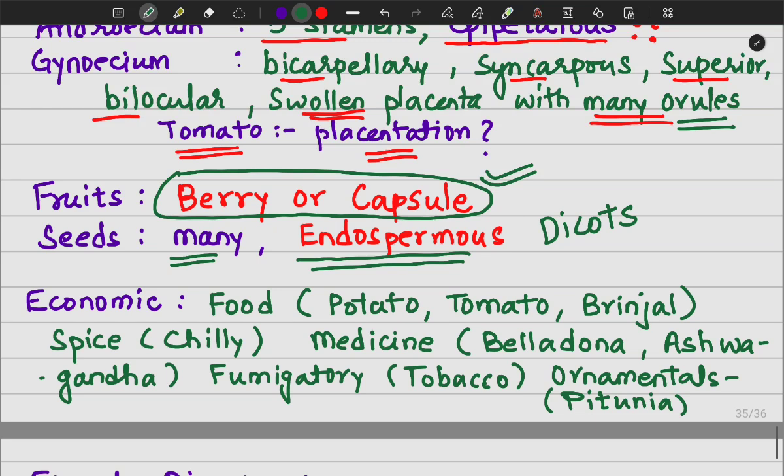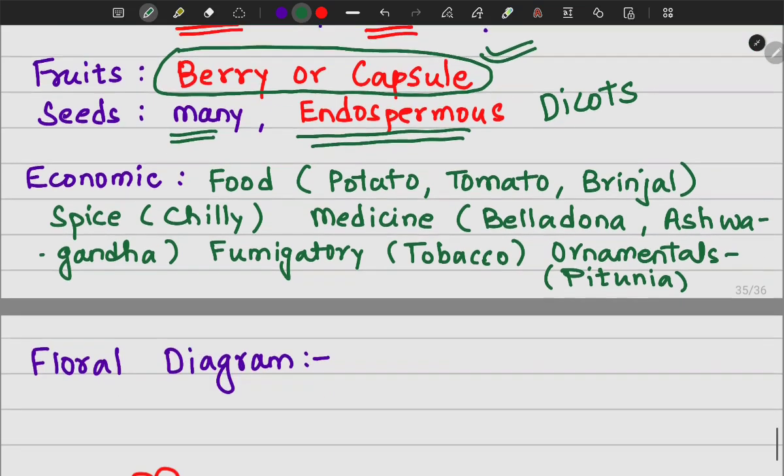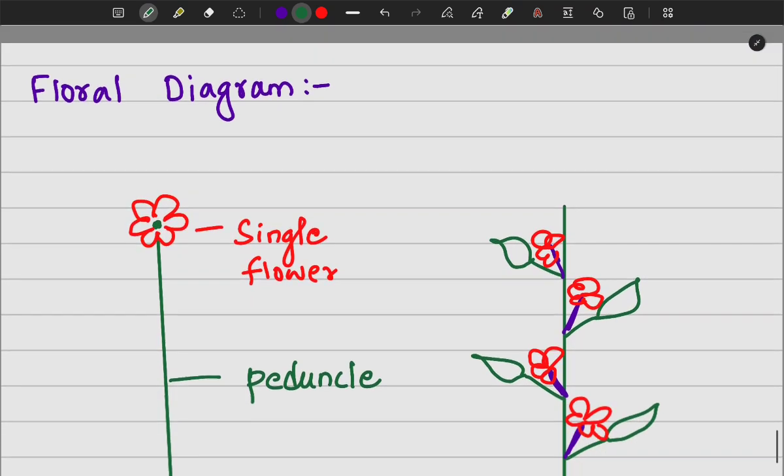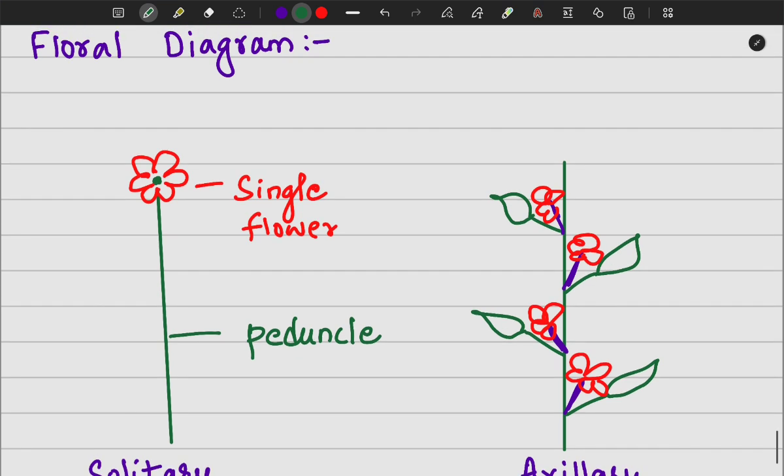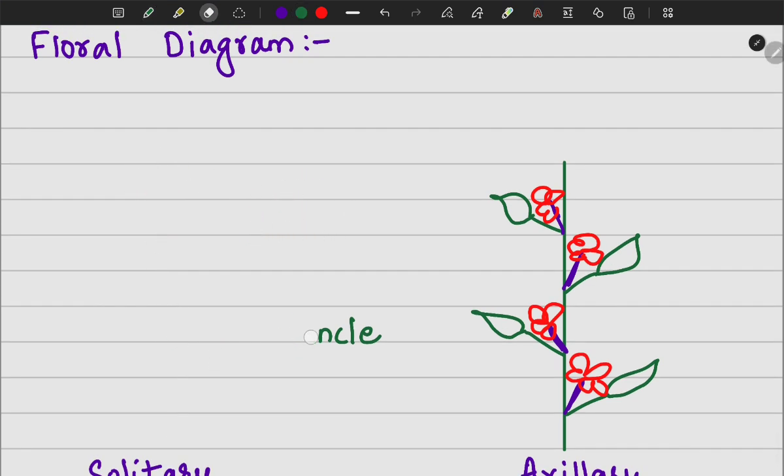Now, before coming on to the economic importance of Solanaceae family plants, let us draw its floral diagram and write down the floral formula. Before that, let me clear this.